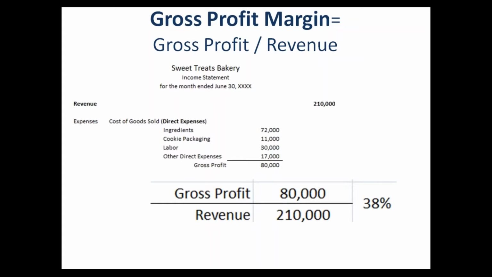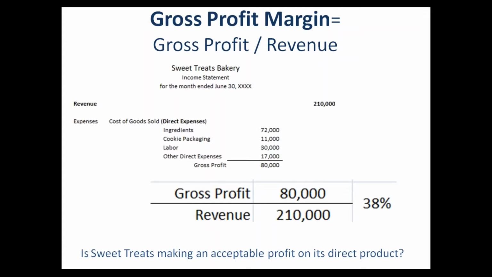Revenue was still the same, and calculated out here is 38%. So while they made 11% in total, they're actually making quite a bit more, 38% on just their product. Again, I can't answer directly if that's a good number or not.